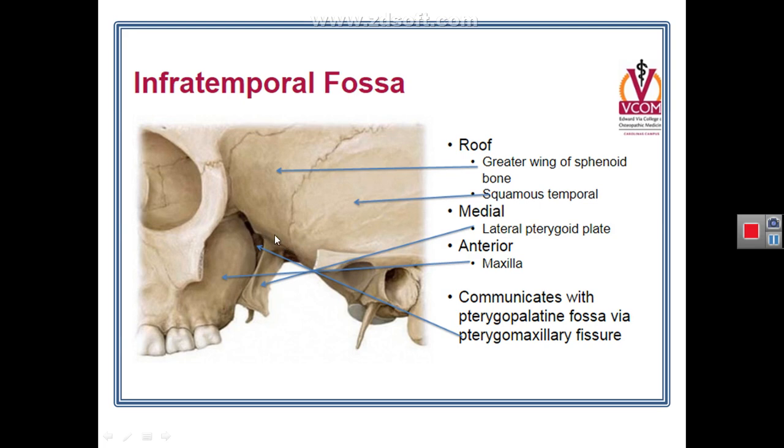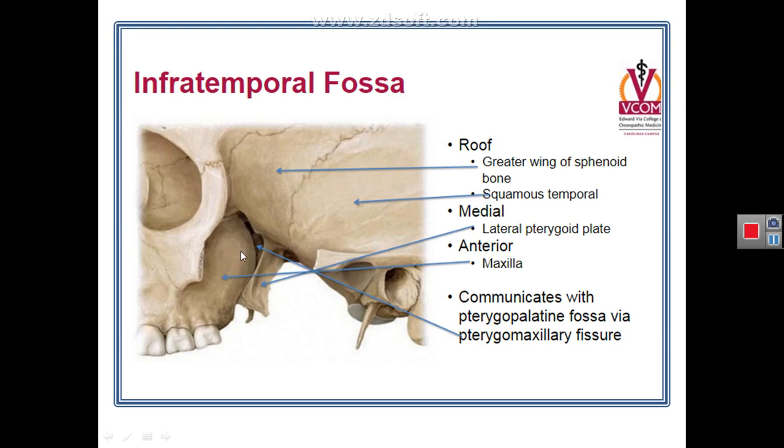So this crest, the infratemporal crest, is a boundary of the temporal and infratemporal surfaces of the greater wing of sphenoid. Also, when you remove the zygomatic arch, you can see the back of the maxilla. Of course, this is the alveolar process of the maxilla carrying the teeth, and deep to the zygomatic arch is the back of the maxilla, the posterior aspect of the maxilla.